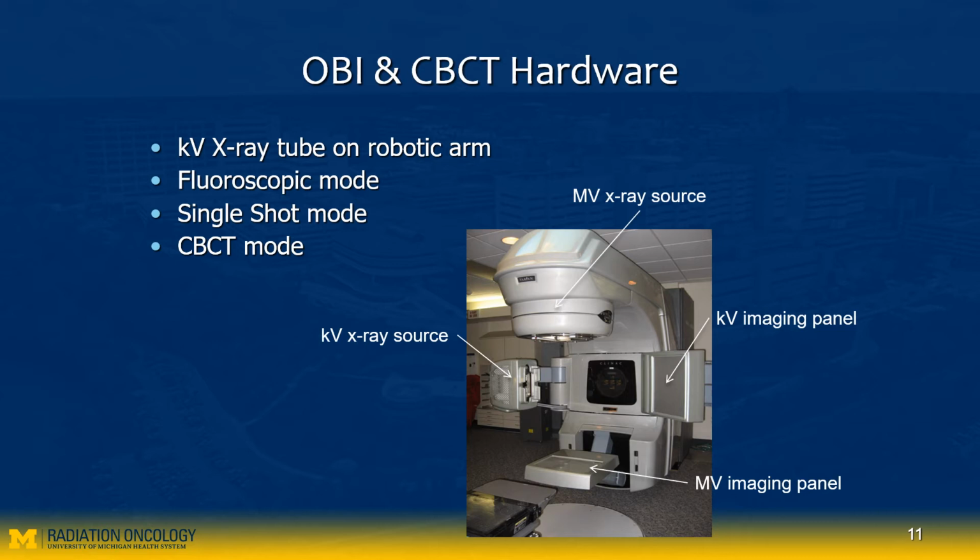Okay, so as I mentioned, the X-ray source is here. Then the kilovoltage imaging panel is opened up. And then this is actually the MV source. The Varian machine cannot acquire MV CT. Only the cone beam CT is using the kilovoltage.